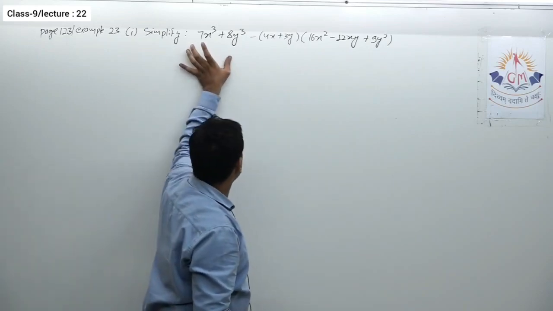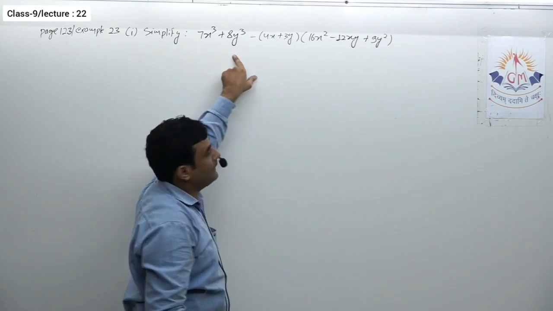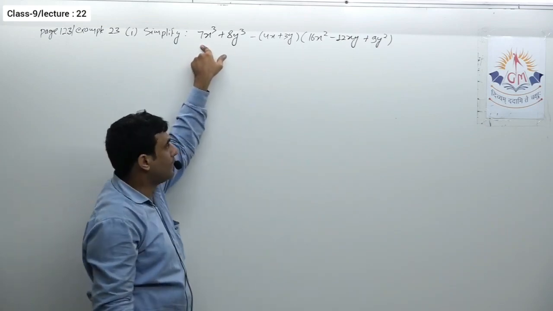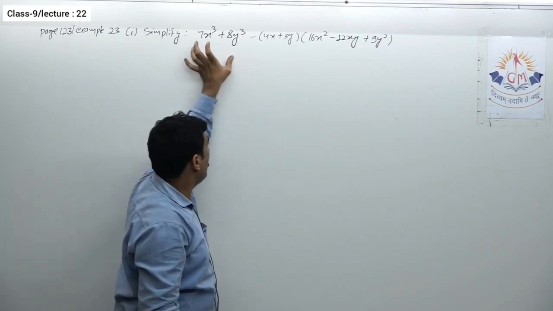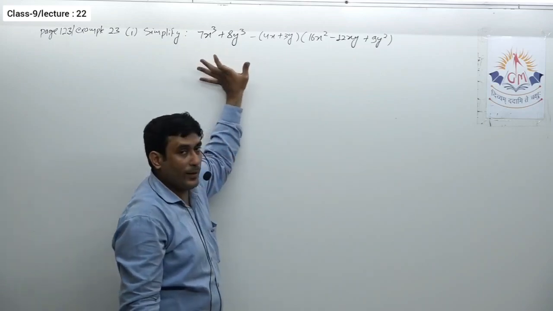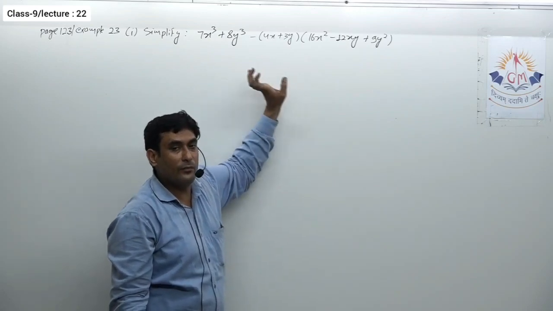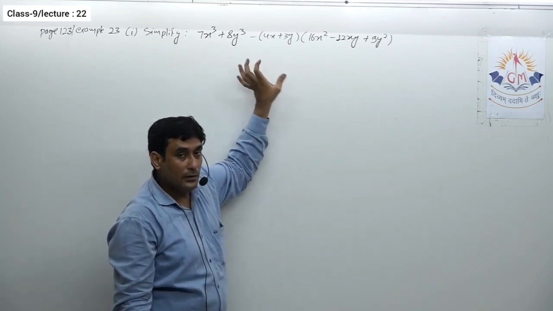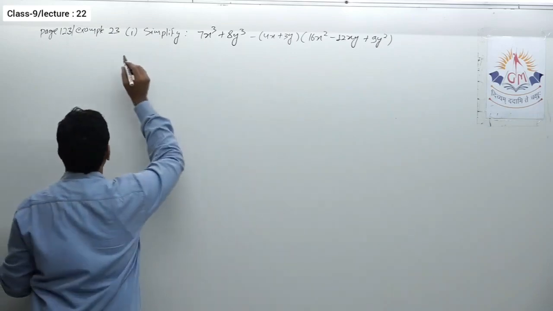Okay, so see, this is not an identity. Definitely we can say a cube plus b cube, but here a is not a complete cube. Even though if I apply the identity, this will expand, this will not shrink, and whenever it is written simplify, we have to try to shrink the given expression. We have to make it as small as possible.